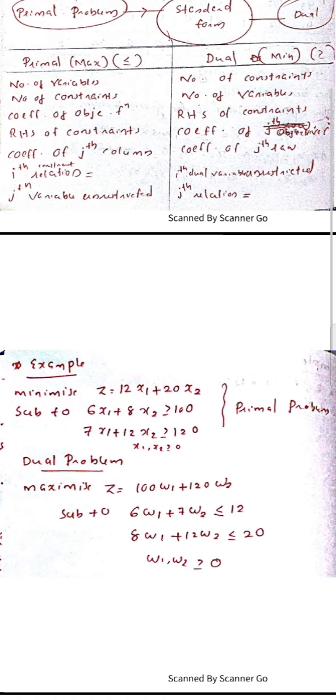Its dual form is maximize z equal to 100 w1 plus 120 w2 subject to the constraints 6 w1 plus 7 w2 less than or equal to 12 and 8 w1 plus 12 w2 less than or equal to 20, w1 comma w2 greater than or equal to 0. So this is actually the answer. Now try to understand.